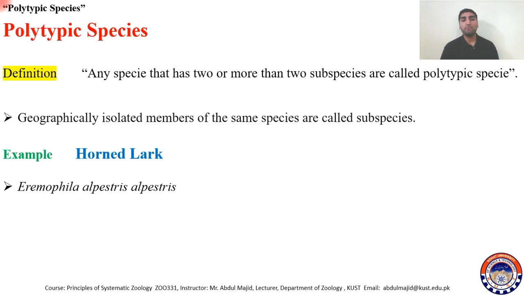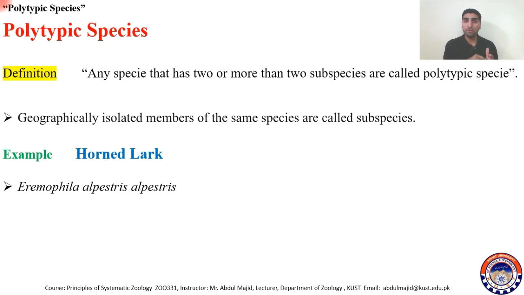So you can find them everywhere. But now they are geographically isolated from each other. So the main horned lark, that is the Eremophila alpestris.